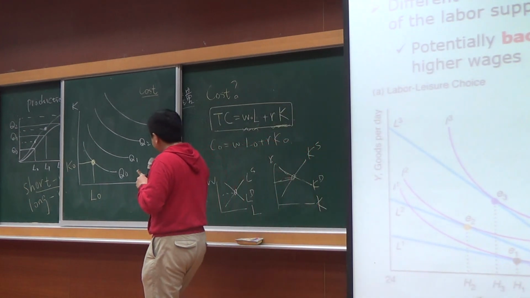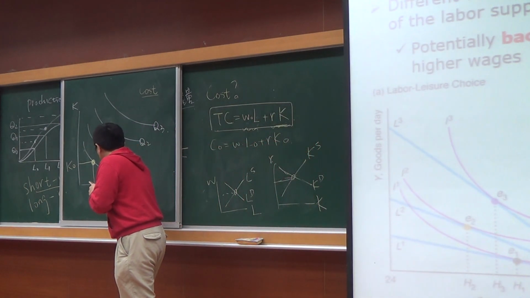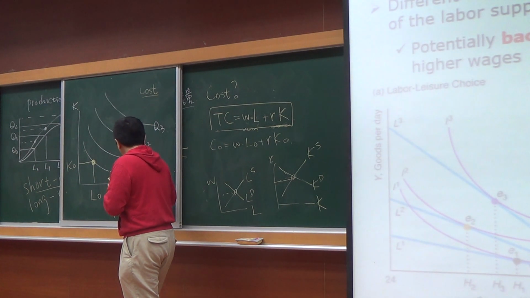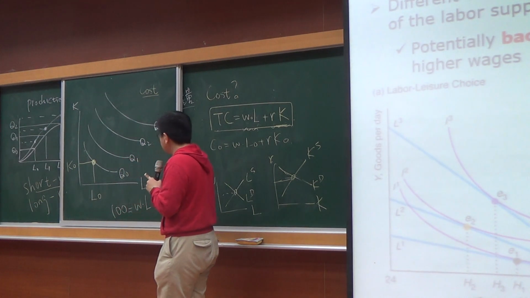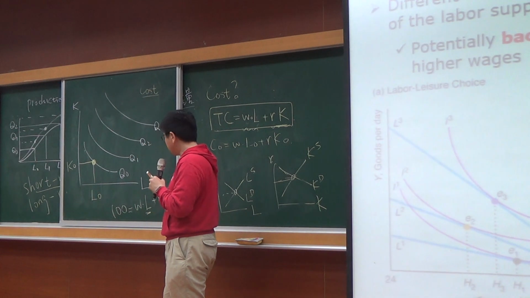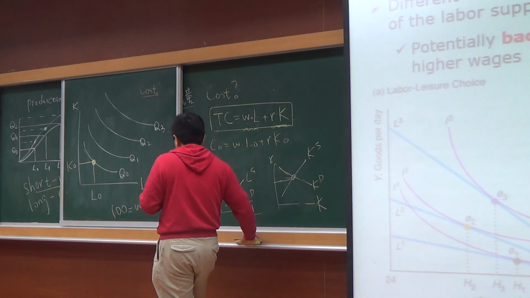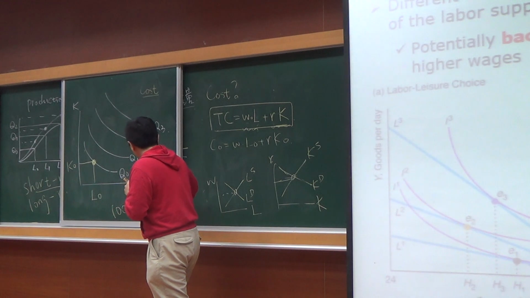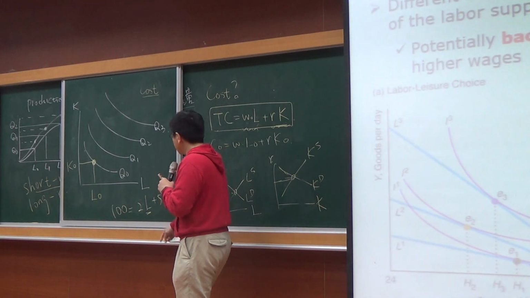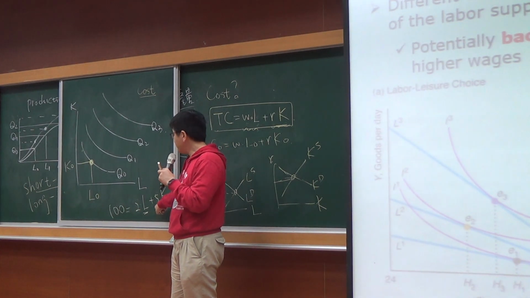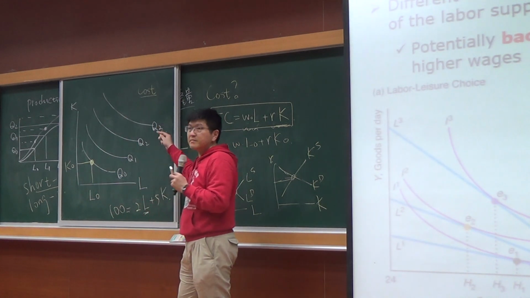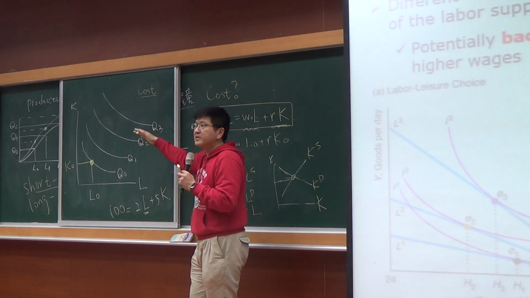Think about this. If I say your cost is $100, and it's WL plus RK, this is the variable. All right, so let me make it easier. 2 and 5. So the wage rate is 2, the rent is 5. So what do you think this will look like in the diagram? It will be a straight line, right? With a negative slope.